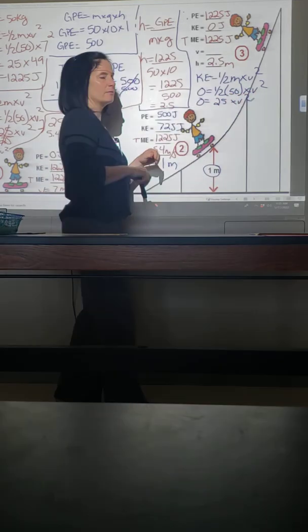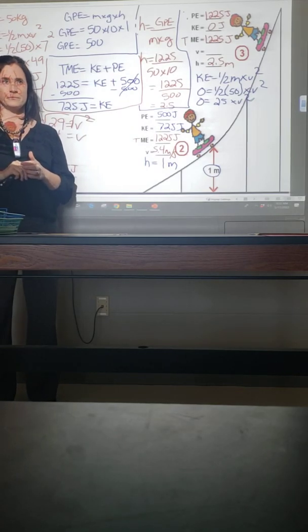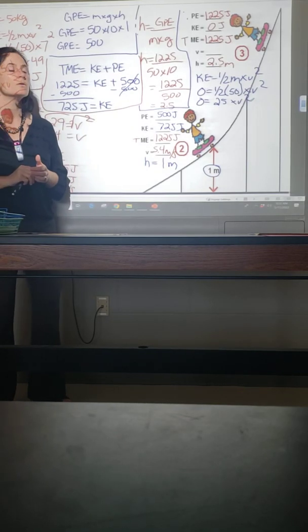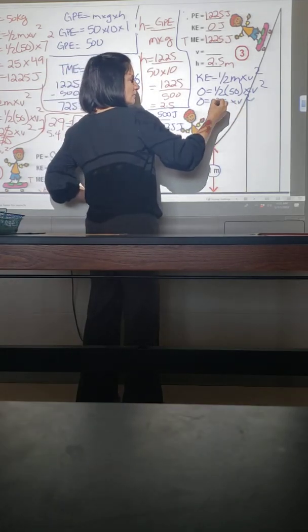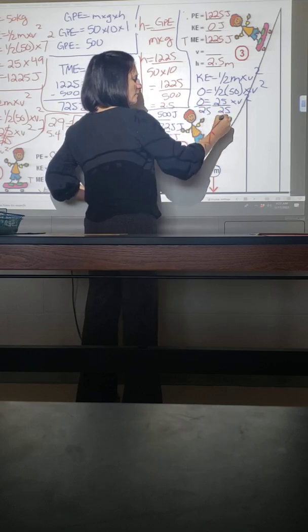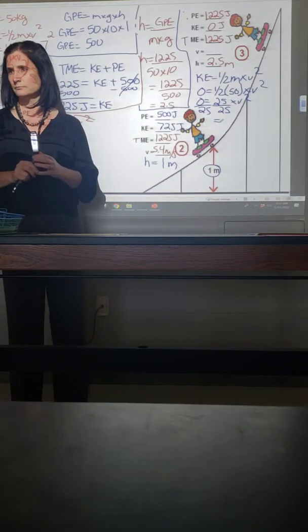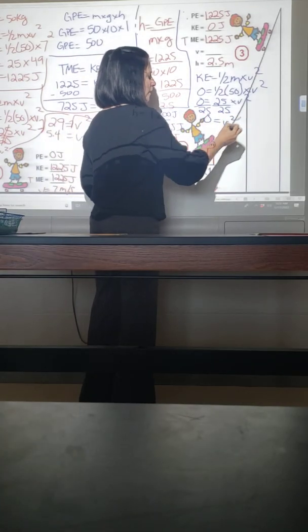And then how do I get rid of my 25 again? Divide both sides by 25, because the inverse of multiplication is division. So 0 over 25 is what? 0. Okay? So 0 equals v squared.